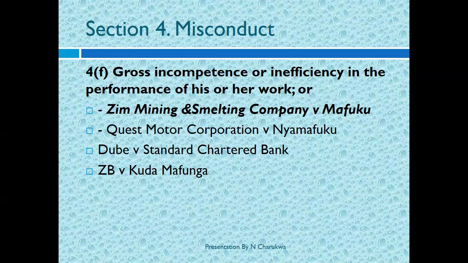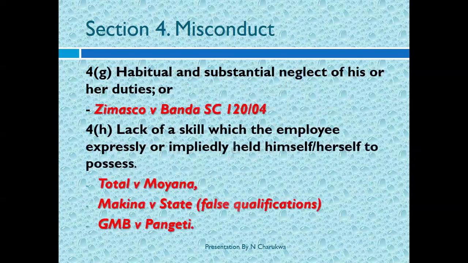Okay. And the Zim Mining and Smelting Company versus Mafuku, Quest Motor Corporation versus Nyamafuku, Dube versus Standard Bank, ZB versus Kuda Mafunga. You can also look at those classical cases.